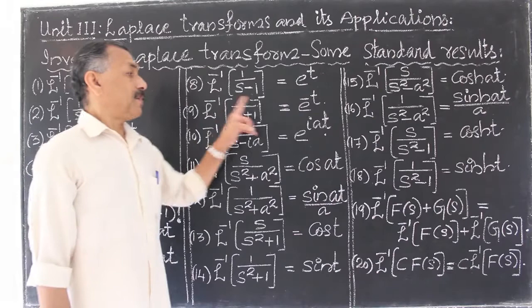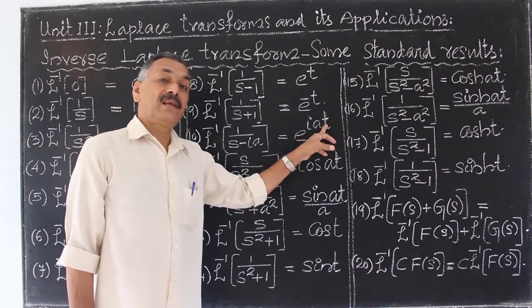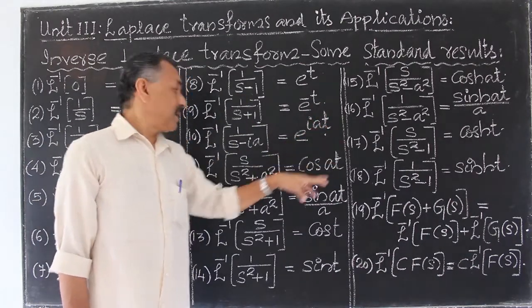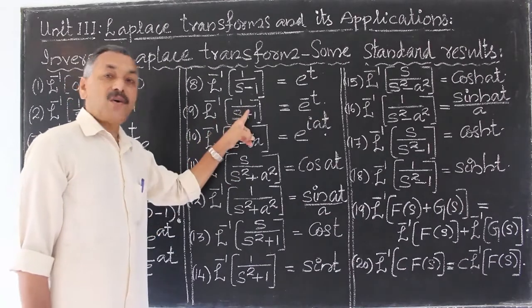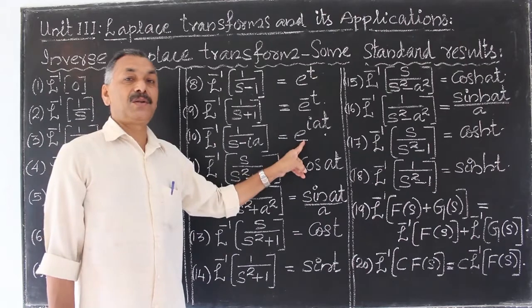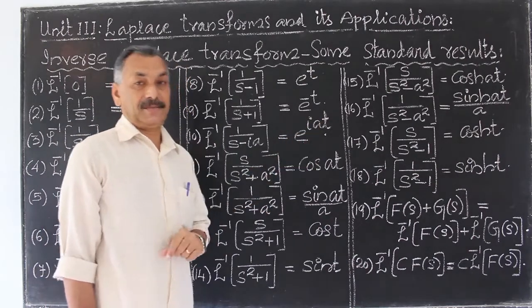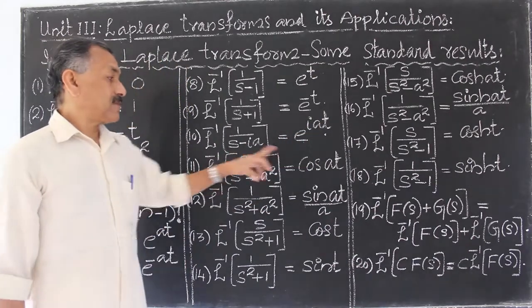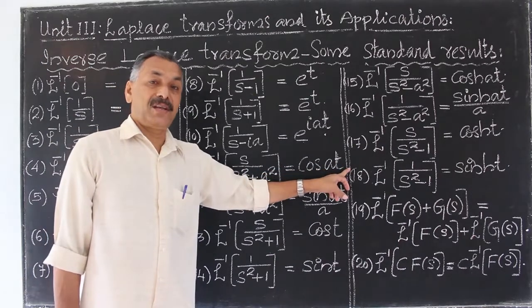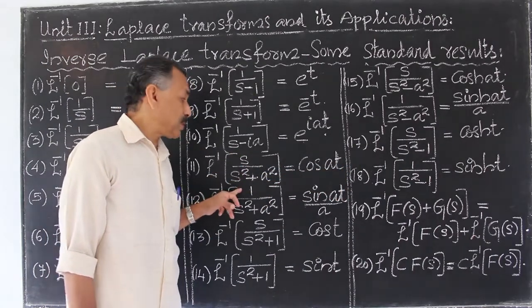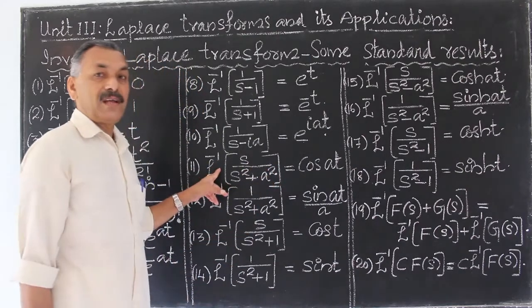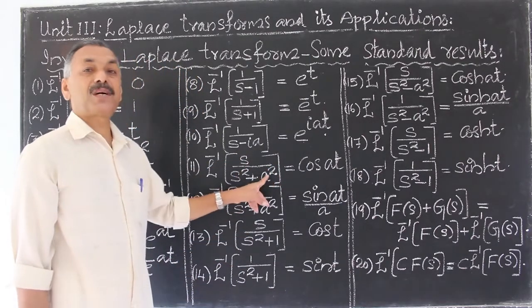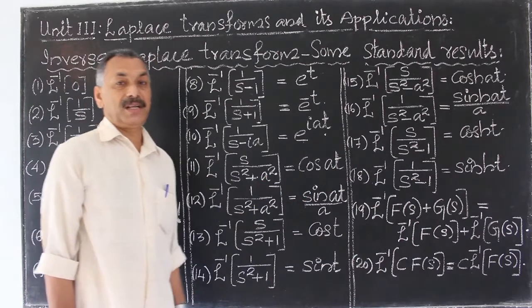What is Laplace transform of e raised to iat? L of e raised to iat is equal to 1 divided by s minus ia. That means L inverse of 1 divided by s minus ia is equal to e raised to iat. Then Laplace transform of cos at is s by s square plus a square. Therefore, L inverse of s divided by s square plus a square is equal to cos at.